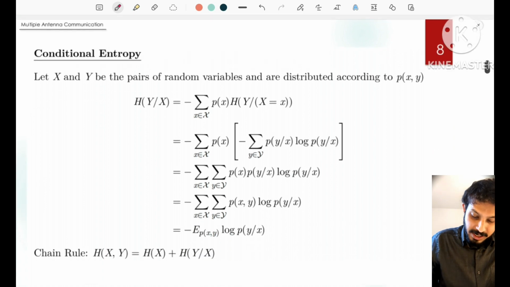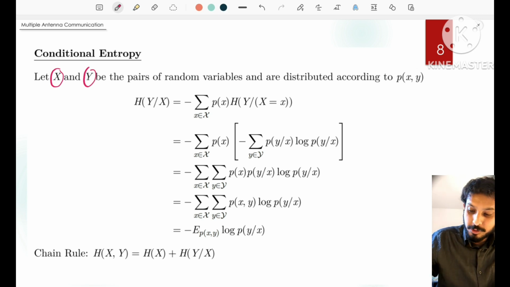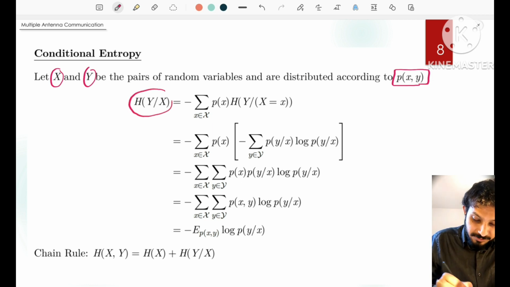Next is conditional entropy. Let's say we have two random variables X and Y, distributed according to p of x, y. The entropy of Y given X specifies the entropy of Y given X, and this is represented in this form.